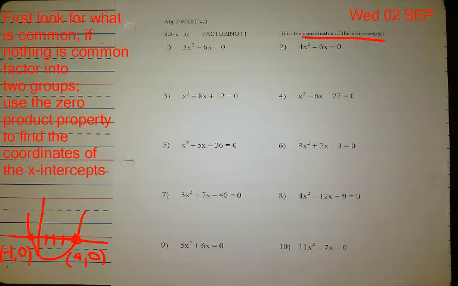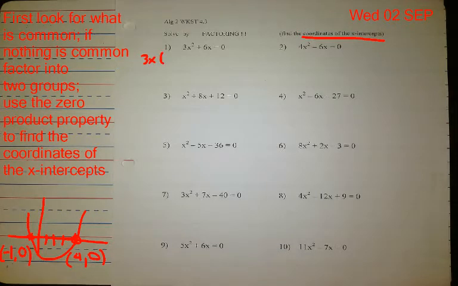So, first thing we look for is what's common. So on this one and this one, these guys down here, these all have something common. And if you look, here this is divisible. 3 goes into 6, and there's an x in both things. So I'm going to take out 3x.